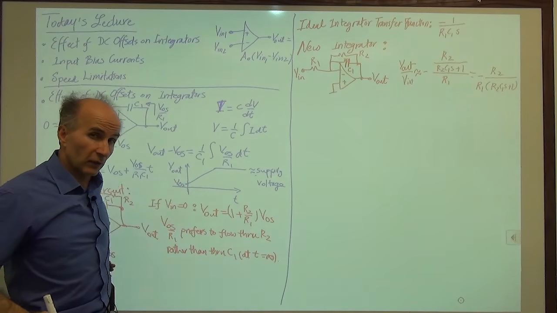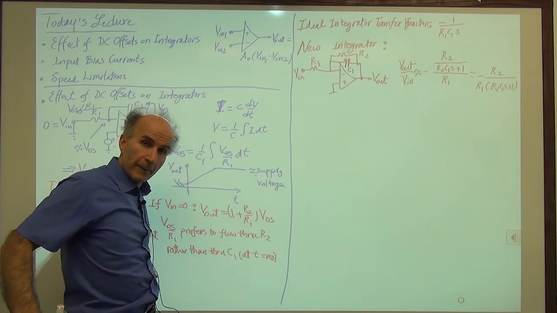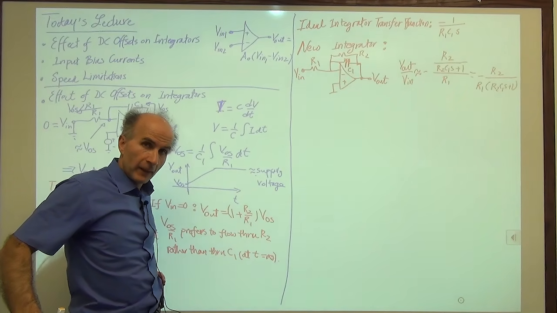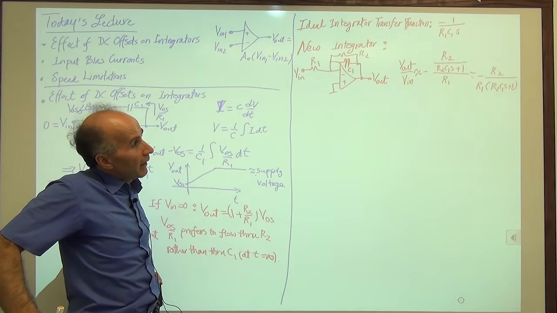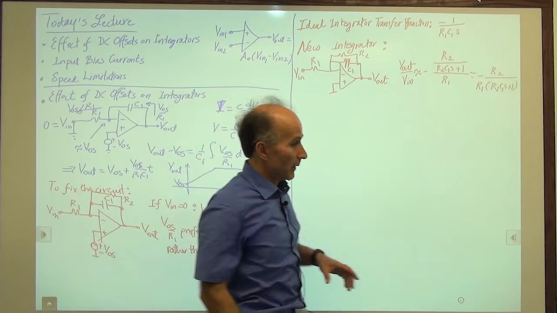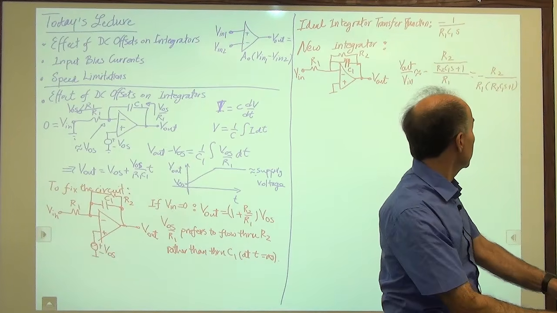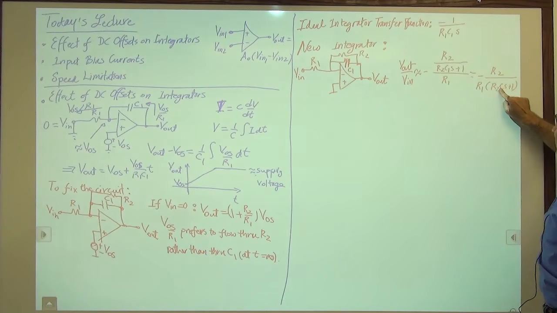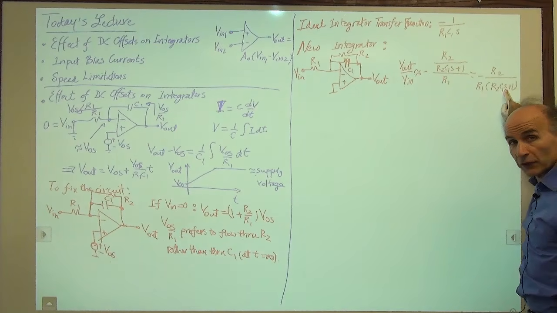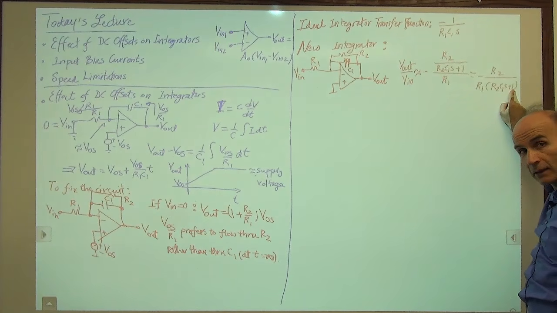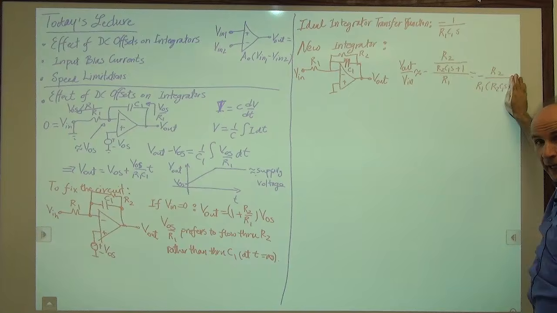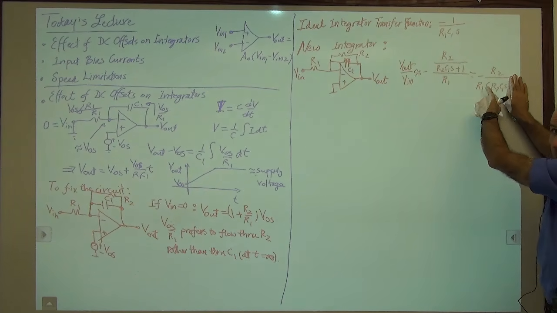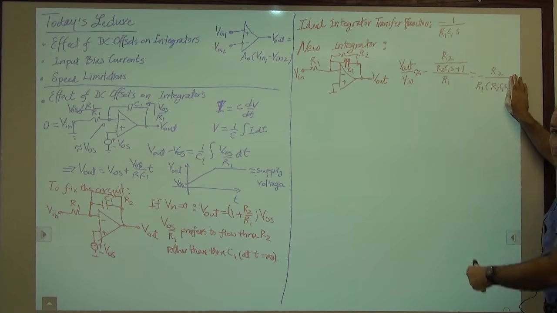It doesn't quite look like an integrator, but not all hope is lost. If you look at it carefully, we can identify a special case, and the special case is as follows. If R2 C1 S is much greater than 1, then this R2 cancels this R2, and we end up with minus 1 over R1 C1 S, just like before.